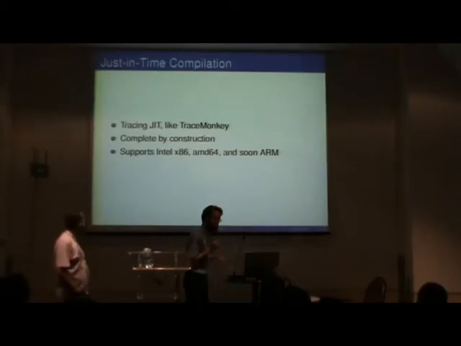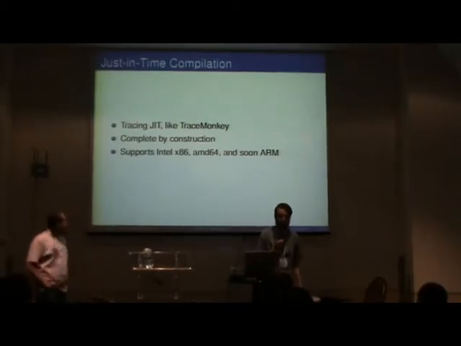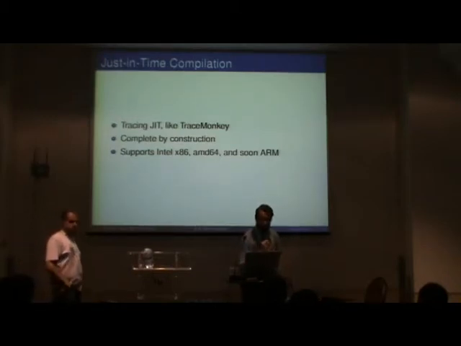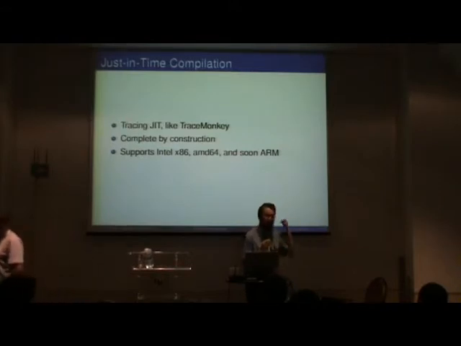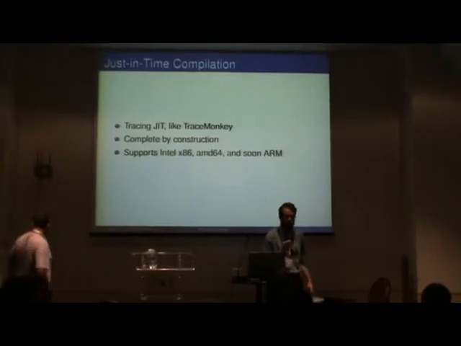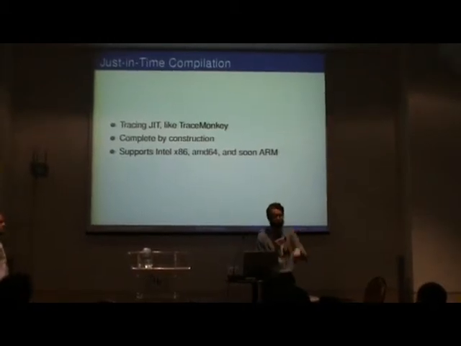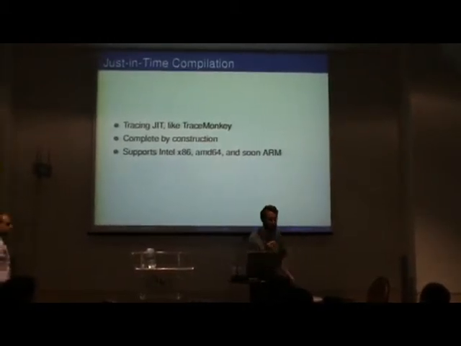But what we have in PyPy is a tracing JIT compiler like TraceMonkey, and it is generic by construction because it's not written specifically as a JIT compiler for Python, but it's written as a JIT compiler for any language for which you write an interpreter in RPython.